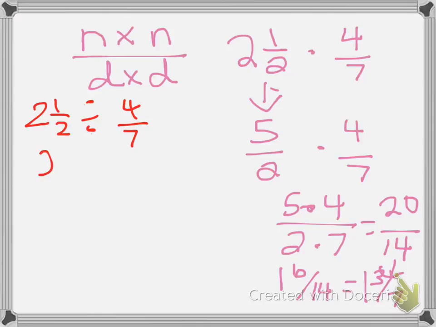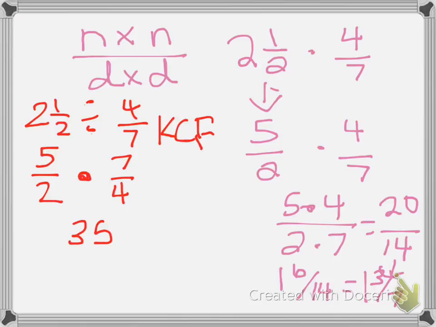So 2 1/2 is still going to become 5/2, and then keep, change, flip was the acronym we used for this. Division becomes multiplication, and then we flip the 4/7 to its reciprocal and then multiply across just as before.